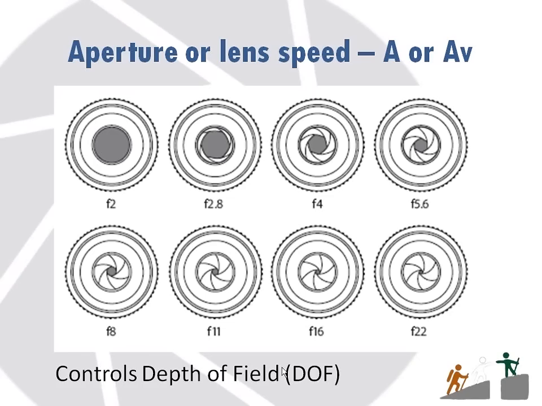In f2, it is really wide open and it can allow more light. So what you need to understand is, when I close the aperture, it's lesser light. When it's open, it's more light. When it's almost open, the number is lesser. When it's almost closed, the number is larger. This we call the F number.